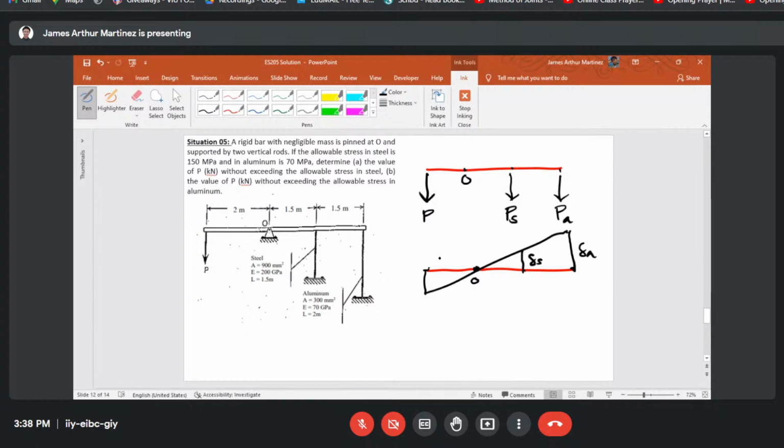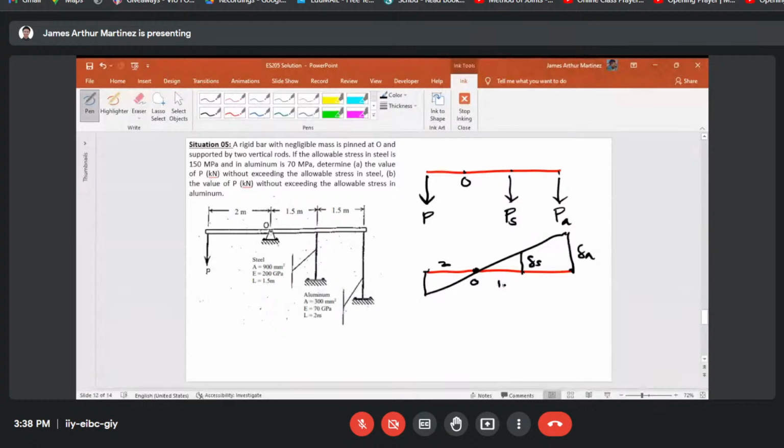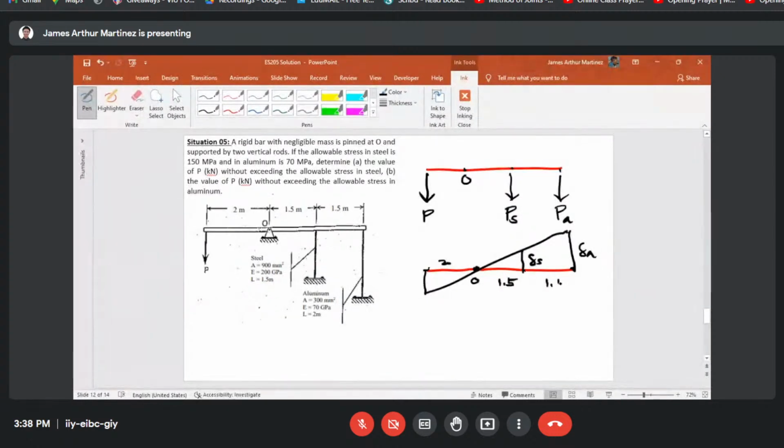Diba? Sige, so let us establish the distances, or the lengths. Sorry, this is 1.5, and also 1.5. Sige. So, di ba ang approach or analysis on statically indeterminate structures, we are to relate the geometric deformation of our structure para makakuha tag equations of compatibility.